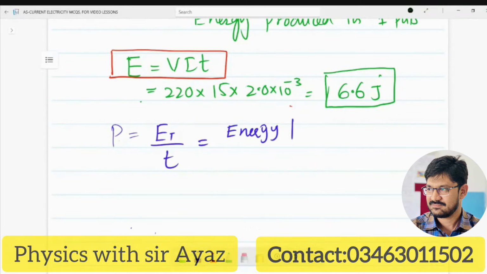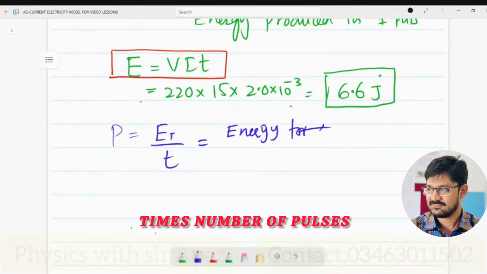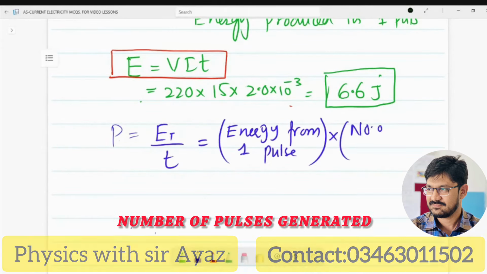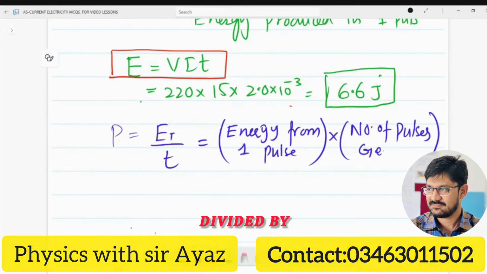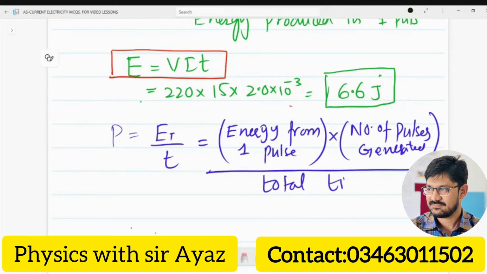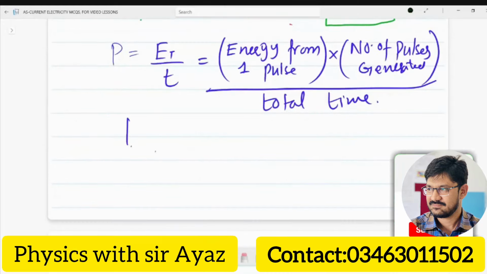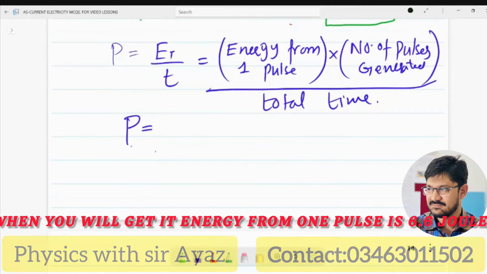Total energy is the energy from one pulse, times the number of pulses generated, divided by total time. That's it. You will get the answer to your question, because I have followed it logically. It will take some time, but it would be quite easy when you get it.